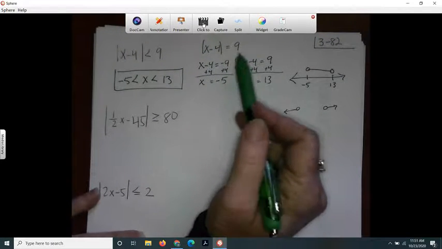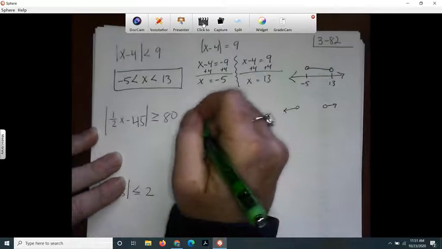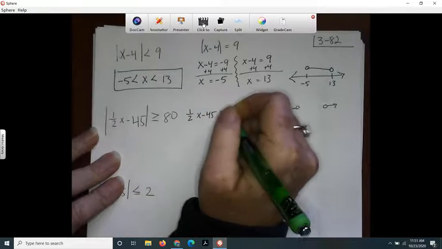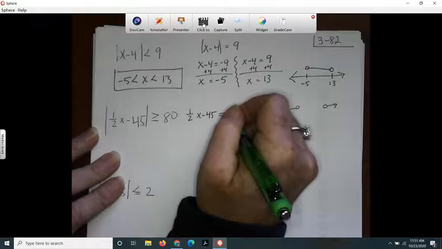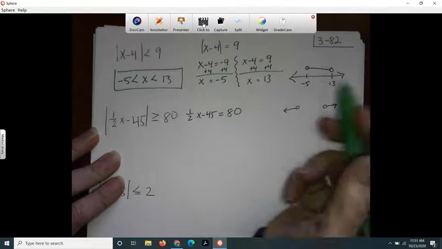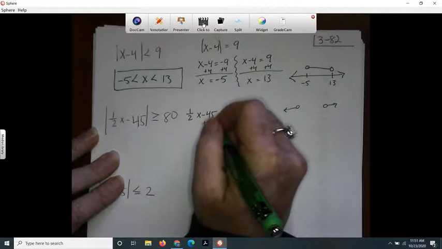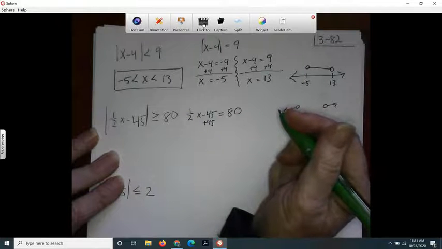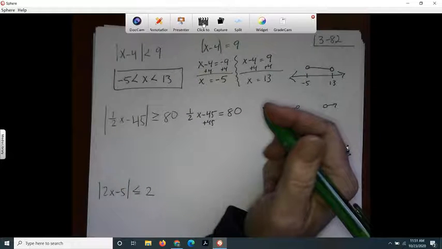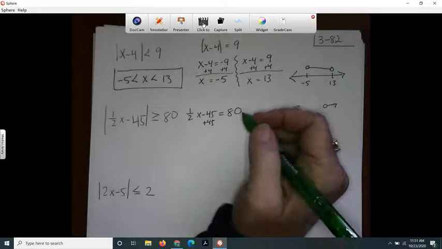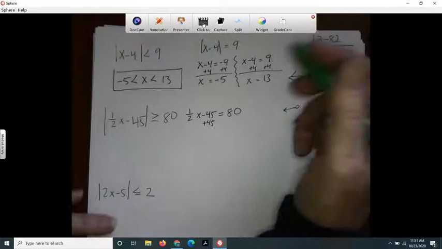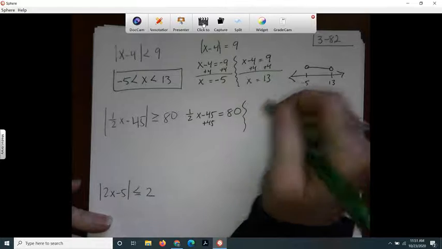I'm just going to set it equal to 80 to get my test points. Oh, I have to set it equal to 80 and negative 80. I'll set it equal to negative 80 somewhere else. Or wait, here, we'll do it like this. There we go.